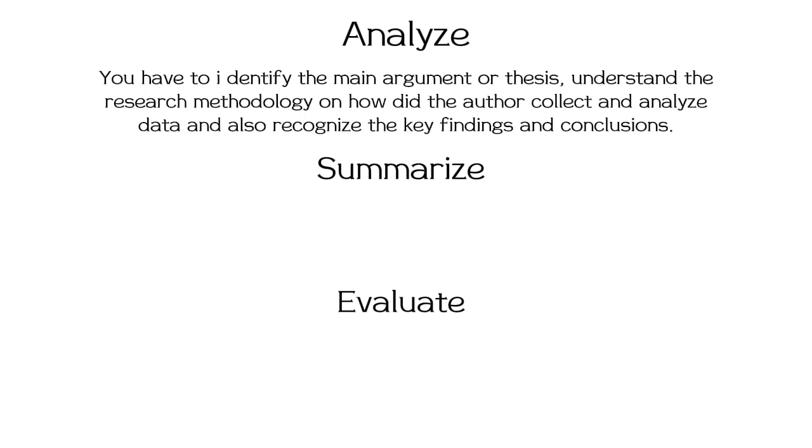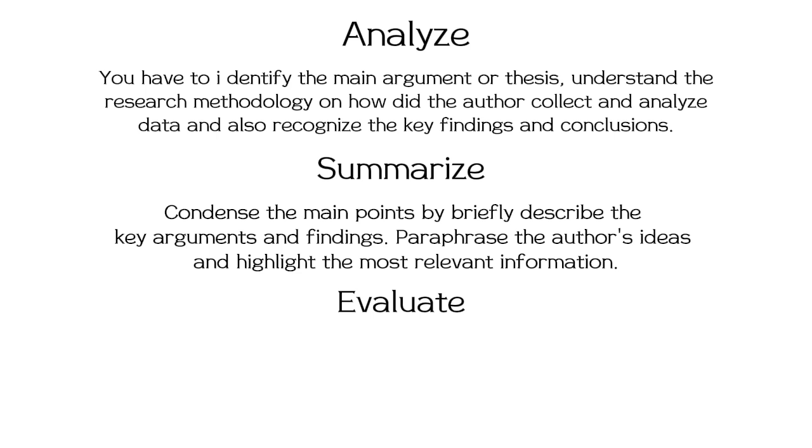So, there are 3 steps of a literature review, which are analyze, summarize, and evaluate. First is analyze. You have to identify the main argument or thesis, understand the research methodology on how the author collected and analyzed data, and also recognize the key findings and conclusions. Second is summarize.